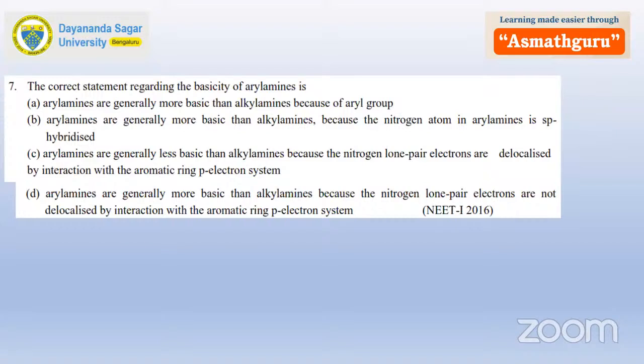So the correct statement regarding the basicity of aryl amine is... basicity of aryl amine. What is aryl amine? Say CH3NH2 is an alkylamine. And alkylamine is more basic than aryl amine.